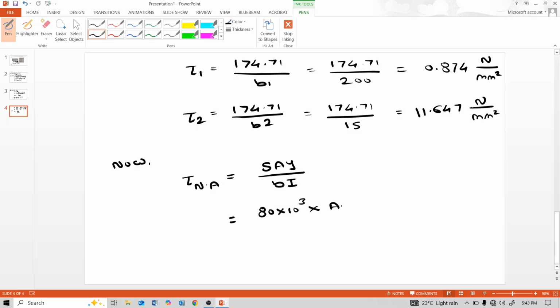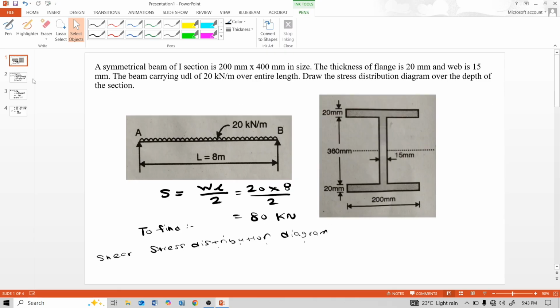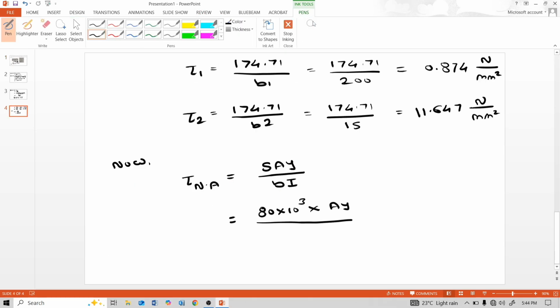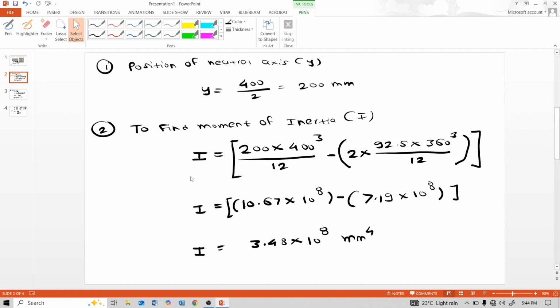Put this AY as it is and divided by B. Neutral axis is at the center, that means at this web part, and web width is 15 mm. Multiply by moment of inertia 3.48 into 10 raised to 8.